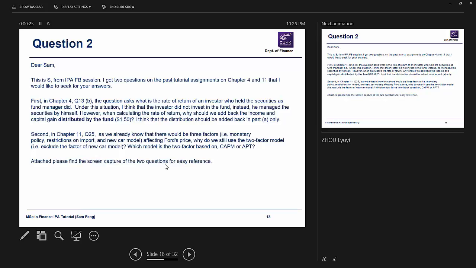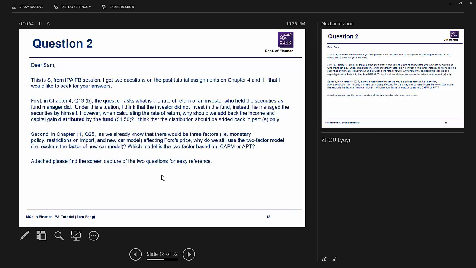First, in chapter 4, question 13b, the question asks, what is the rate of return of an investor who held these securities as the fund manager did? Under the situation, I think the investor did not invest in a fund. You are correct. Instead, he, why does it say it's a he? Can be a she. Okay. Let's find out later. Managed the securities by himself.